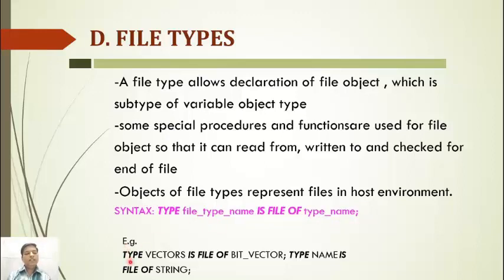Example: type vectors is file of bit_vector; type name is file of string. Here the first statement, type vectors is a file of bit_vector, ends the declaration. Then type name is file of string.